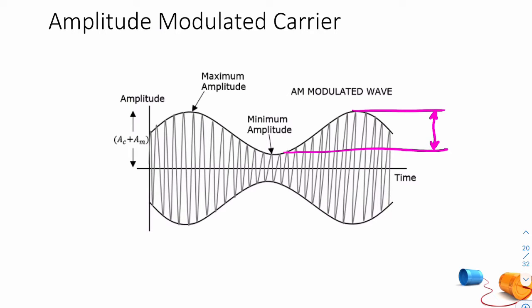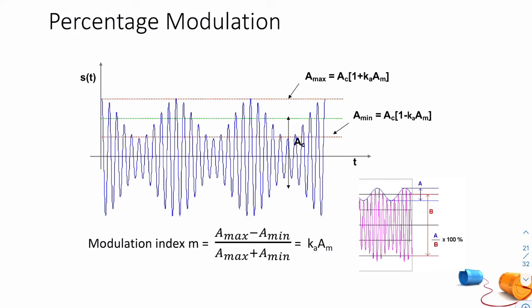And if you divide that difference by the sum of the two, that gives you your modulation index. So that's a nice, quick way to find your modulation index. It's dividing the difference between the maximum envelope and the minimum envelope, dividing it by the sum of the maximum envelope and the minimum envelope.